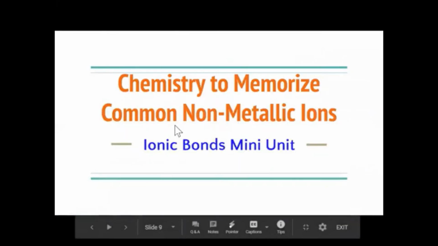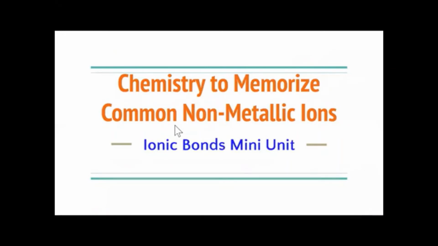Okay, the next big header to write is common non-metallic ions. Common non-metallic ions. That's your next big header. These are also called common non-metal ions. Either way, non-metallic or non-metal ions. Okay.